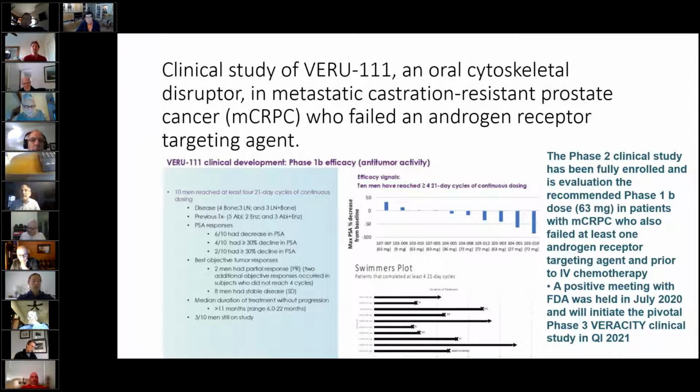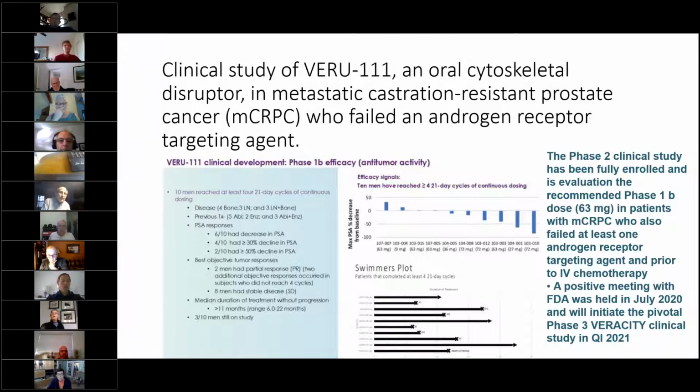Yeah, I accept that, but my guess is that when they set them up like that, they set them up to do phase 1, 2, and 3. They hope they'll proceed. But my point here, guys, is it's not just at Hopkins. Correct. Second is, Len, when you said it's docetaxel resistant, what do you mean? It showed some efficacy in cells that were resistant to docetaxel. Ah, okay. Thank you.